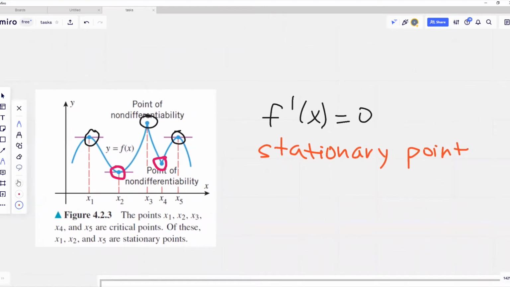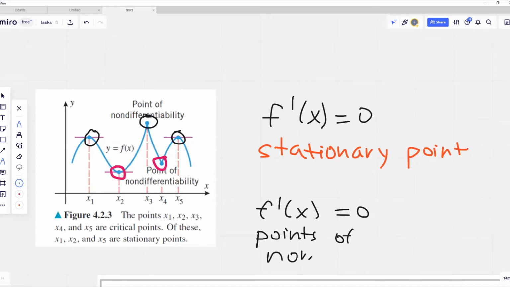And points where either the derivative of the function is equal to 0 or the derivative doesn't exist, or points where our function is non-differentiable, let's call these points of non-differentiability.